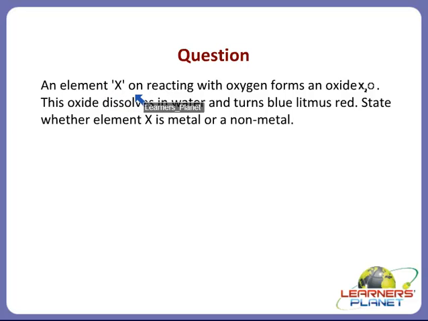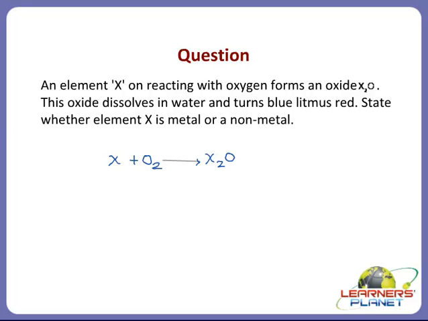An element X on reacting with oxygen forms an oxide X2O. When you have got such essay type questions, whose length is more than 3 or 4 lines, then keep on writing after every step. So what is our first line? That an element X reacts with oxygen and it is forming an oxide of formula X2O.